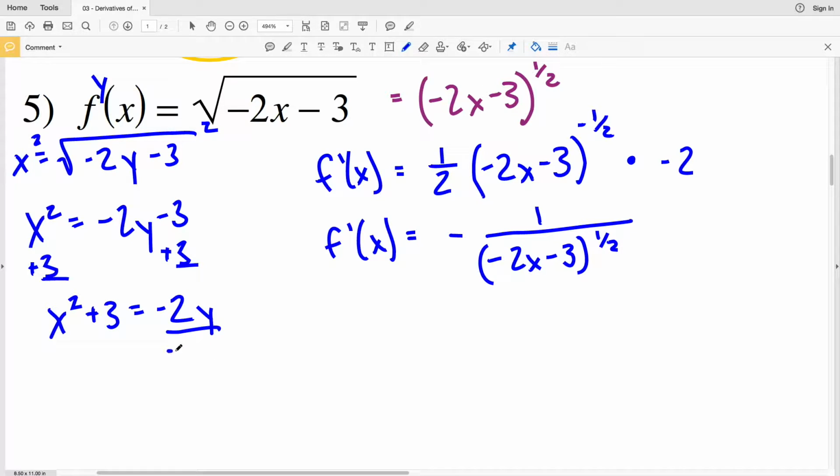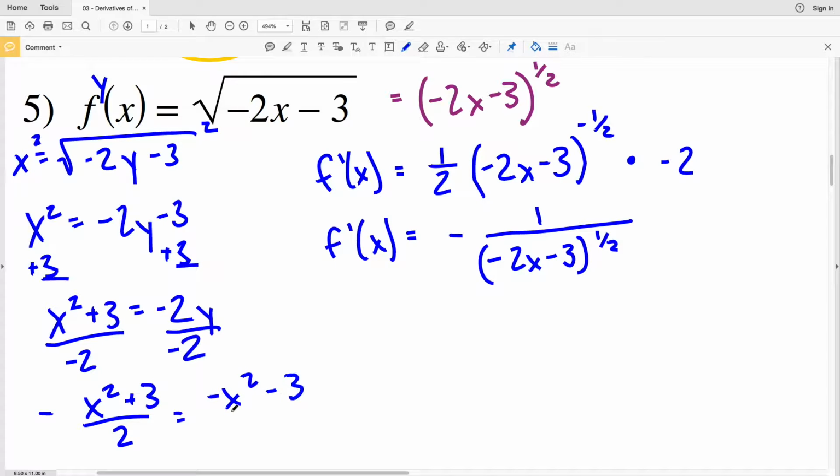And then lastly, we'll divide by -2. Doing so will give us negative x squared plus 3 over positive 2, which I'll write as -x squared minus 3 all over 2, distributing that negative to each of my terms, the x squared and the 3, and that is equal to our inverse function of x.